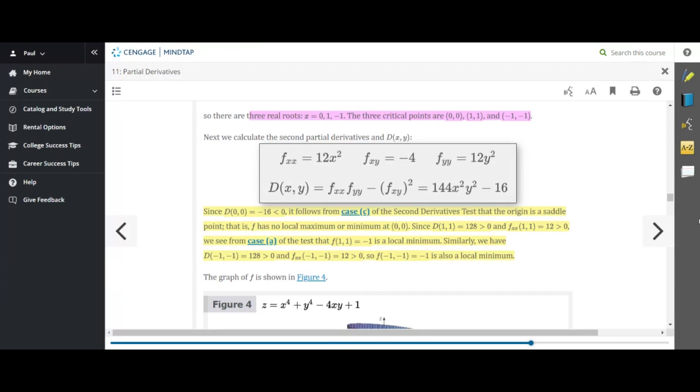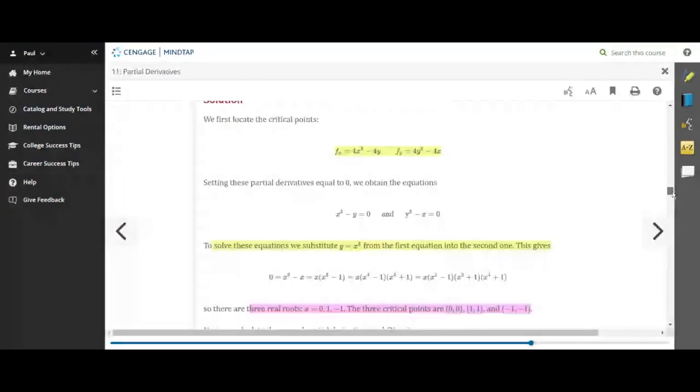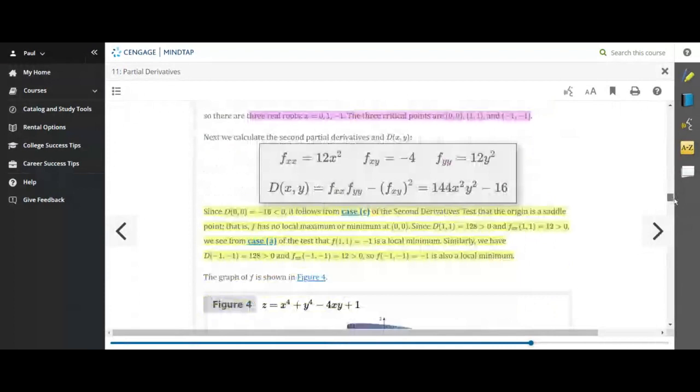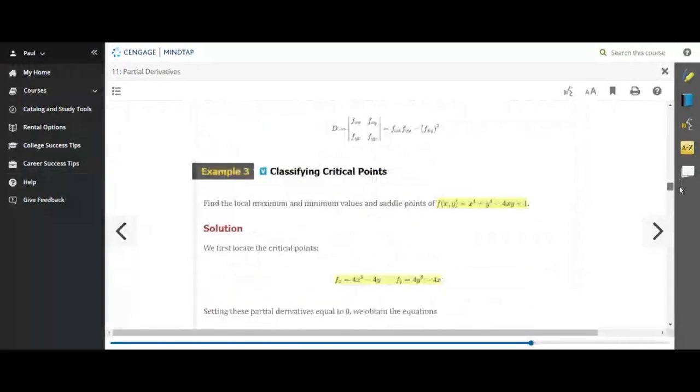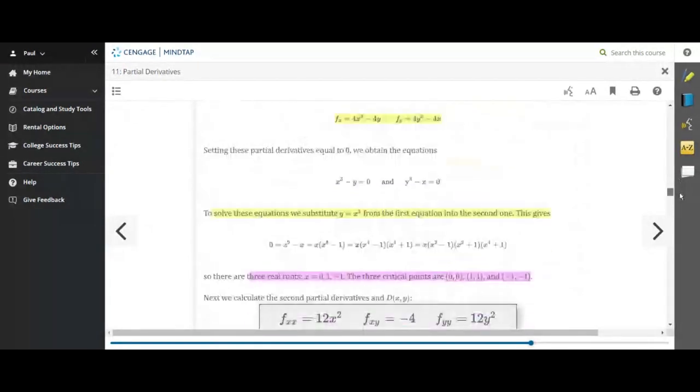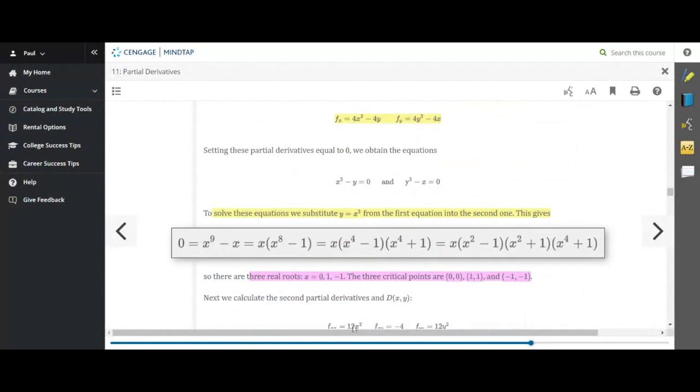Everything worked out beautifully because you were able to find the critical points, and everything factored nicely.